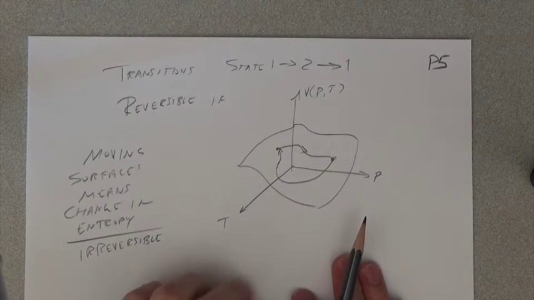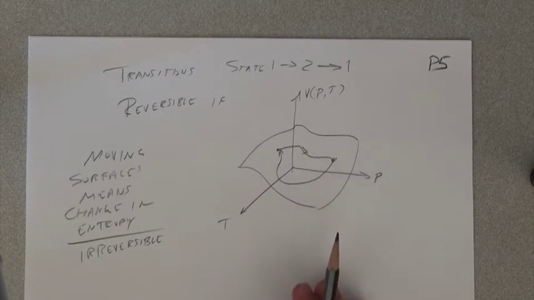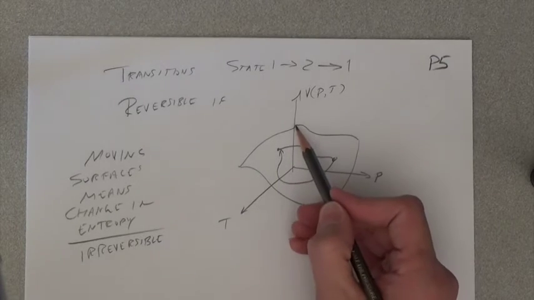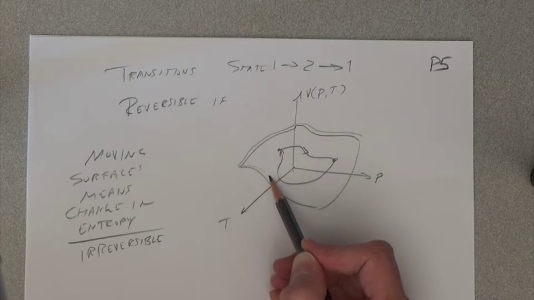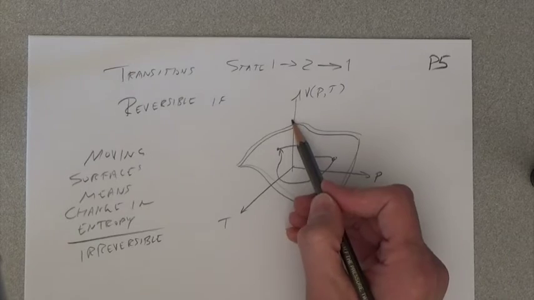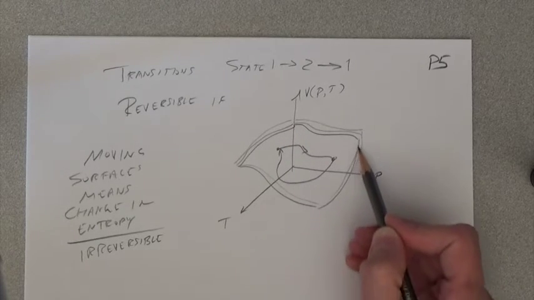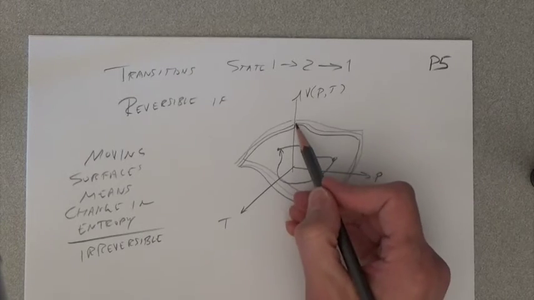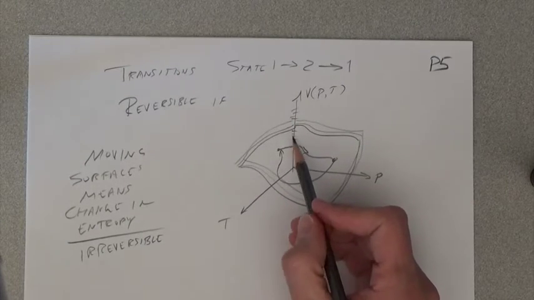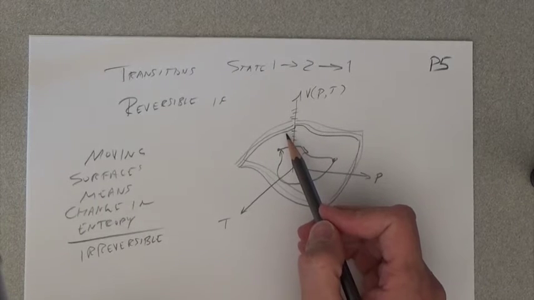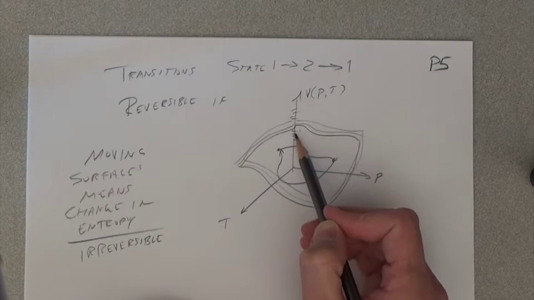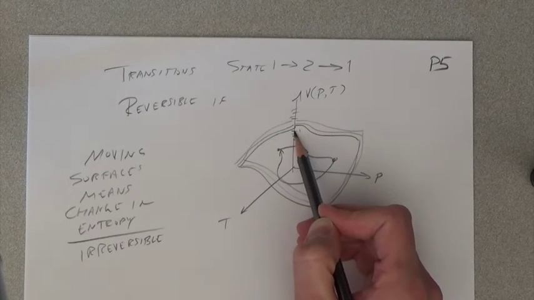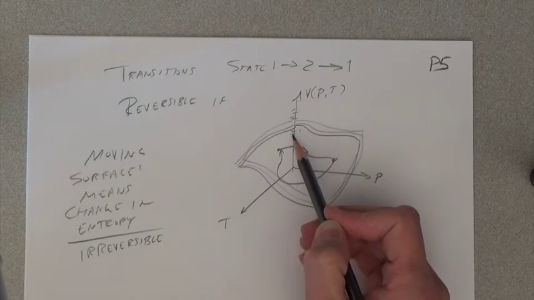So if you want to visualize what it means to change in entropy, you can visualize there being an infinite number of surfaces all stacked up here. So you get this infinite stack of surfaces, and at some value of entropy, you're on one of these. And moving from one surface to the next means that the process becomes irreversible because you can't go back.